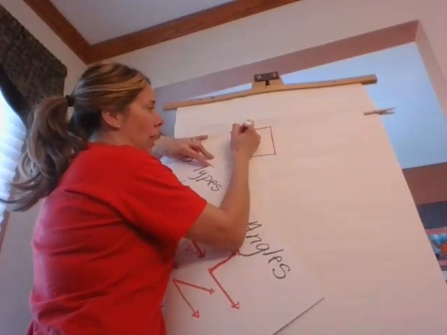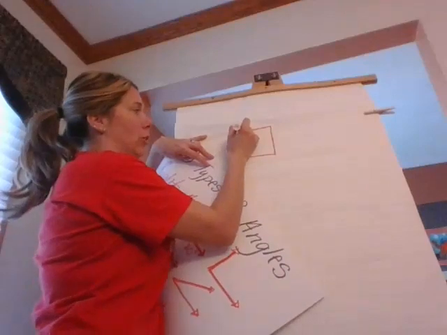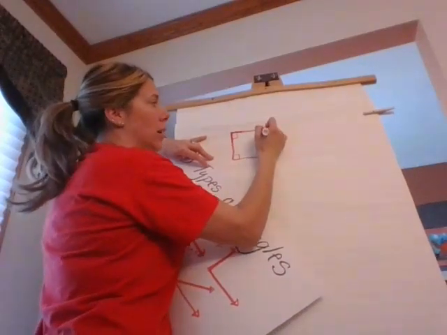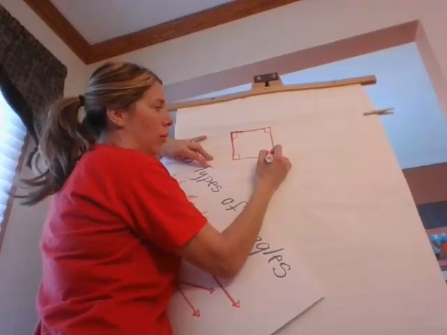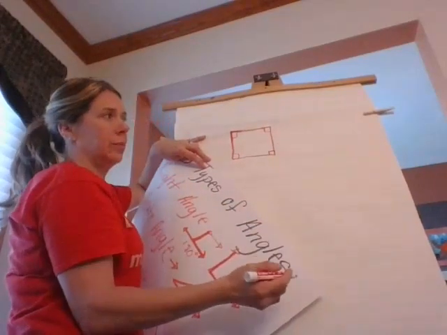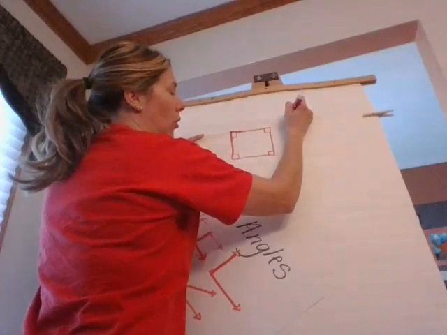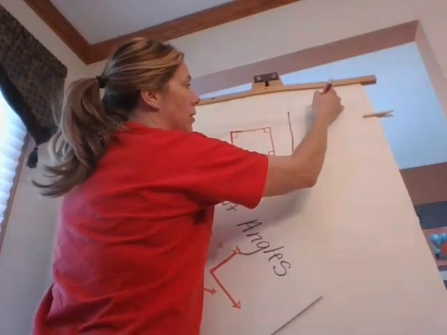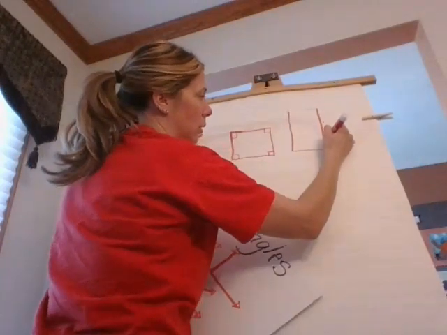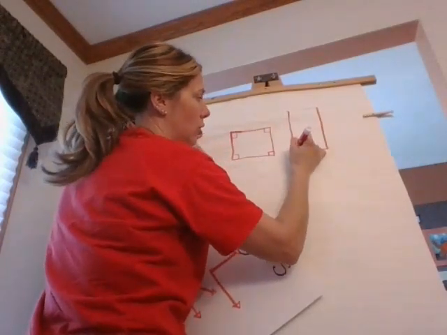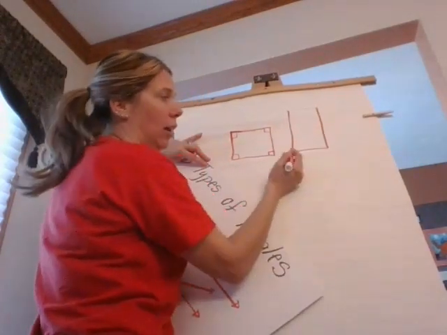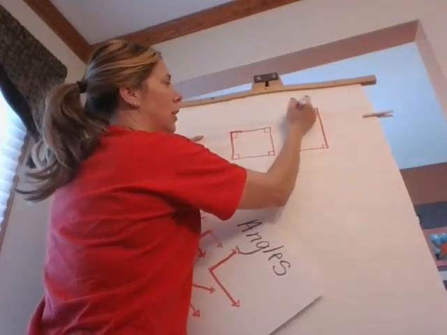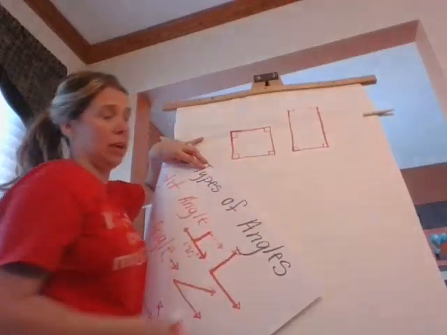Here's another right angle. 90 degrees. It's a perfect L. All right. Here's another one, and here's another one. All right. A rectangle also has four right angles. If you look at this shape, there's that perfect L. 90 degrees, 90 degrees, 90 degrees, 90 degrees.